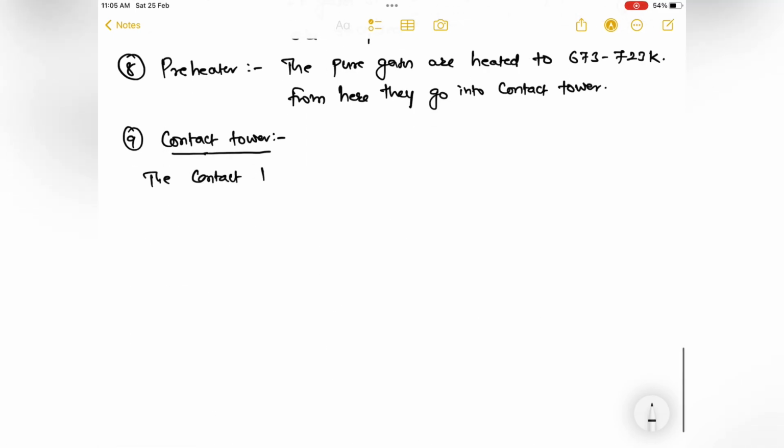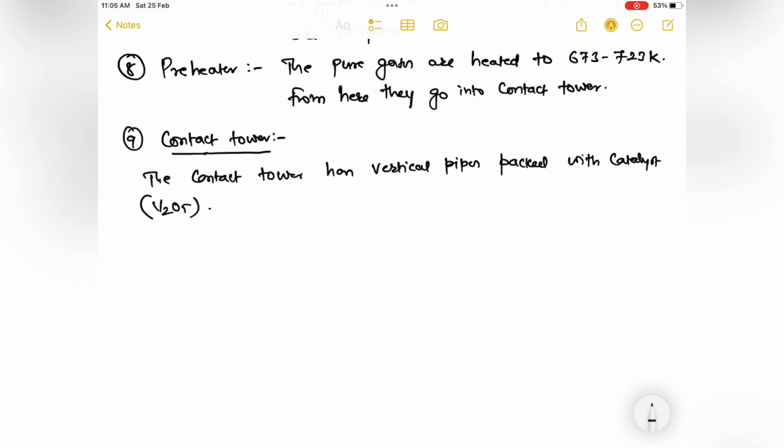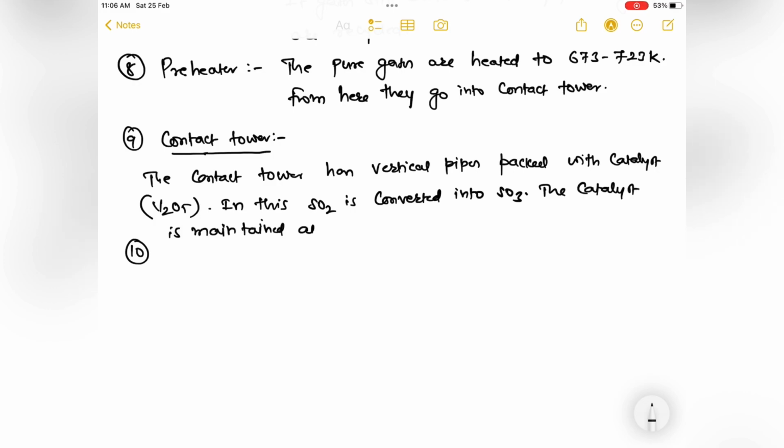In this contact tower, there are vertical pipes packed with catalyst V2O5. In this, SO2 is converted into SO3. Then the catalyst in this tower is maintained at the required temperature.